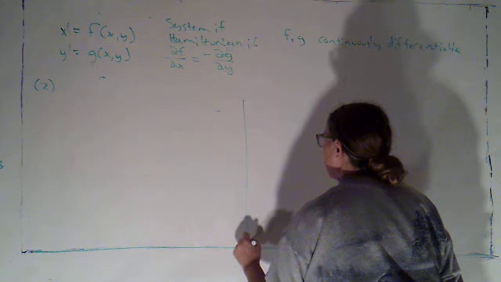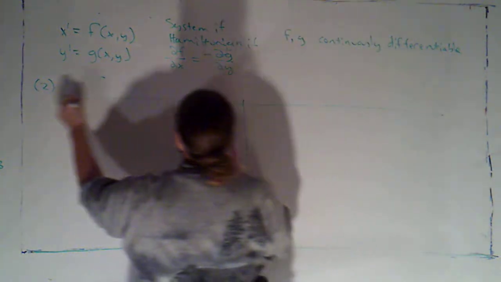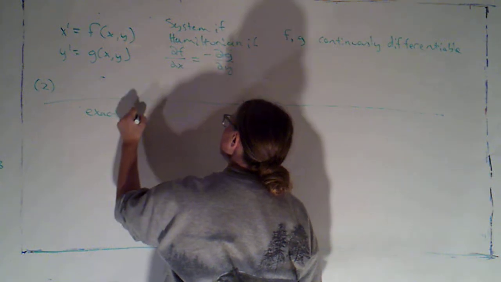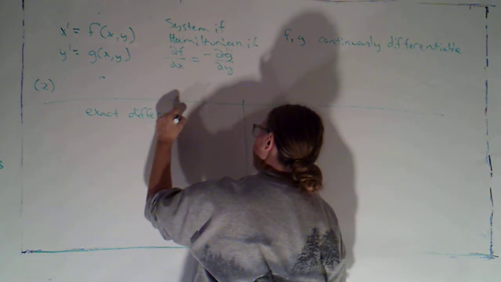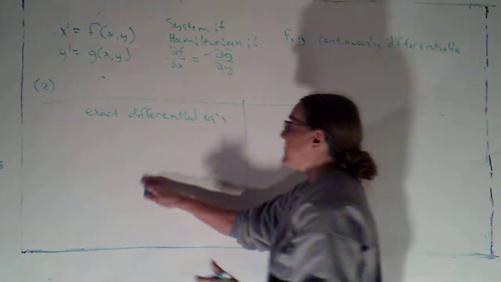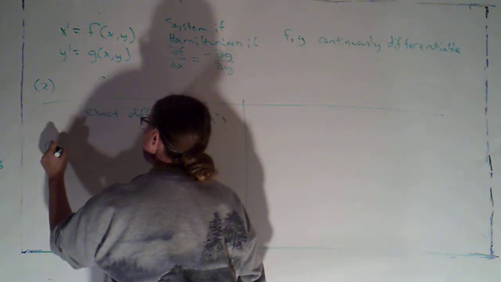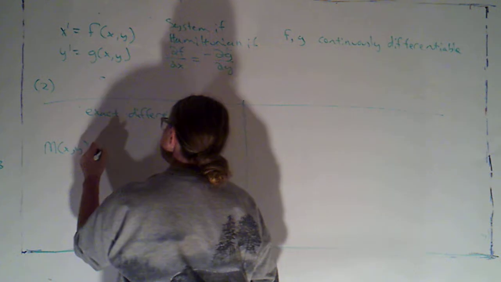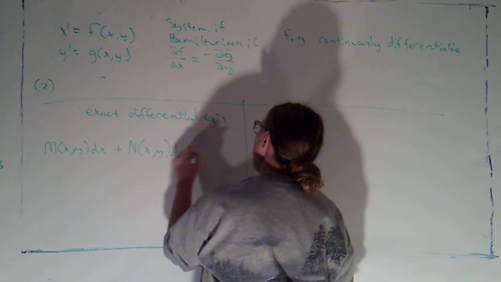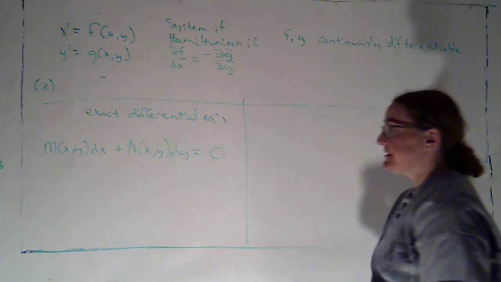Okay, so we looked at exact differential equations earlier. That had the form of m of xy dx plus n of xy dy equaling 0.